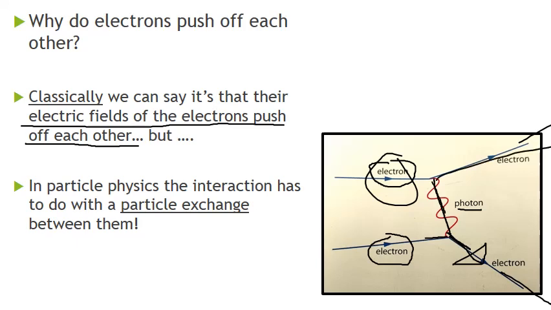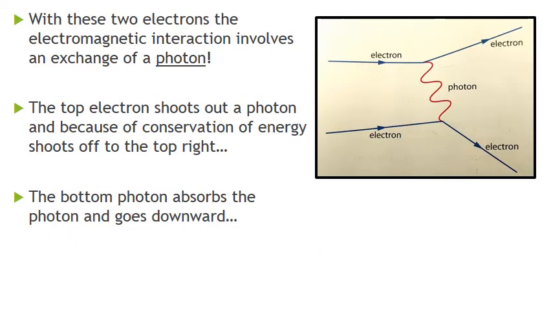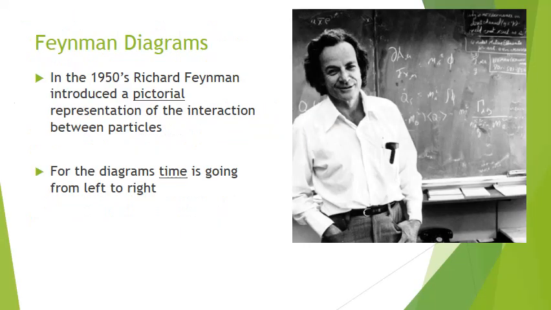So really, in the electromagnetic force, we're dealing with the exchange of a photon, which sounds kind of strange, right? So again, the top electron shoots out a photon and goes to the bottom right, and then the bottom electron absorbs the photon and goes downwards.